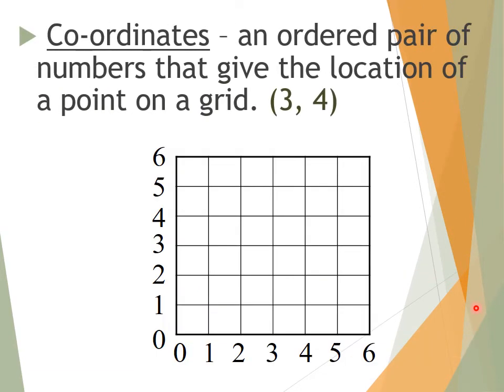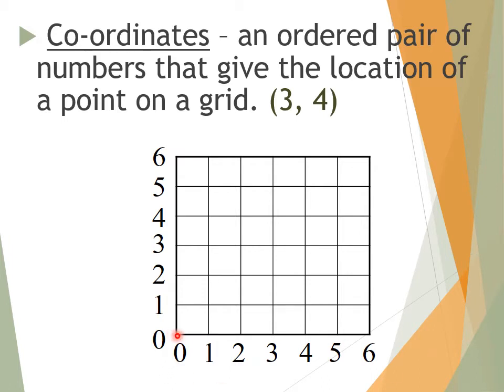Coordinates are an ordered pair of numbers that give the location of a point on a grid. Suppose we take this first quadrant right over here. This is the x-axis, this is the y-axis, and they have been evenly numbered. Now, let this be the origin.